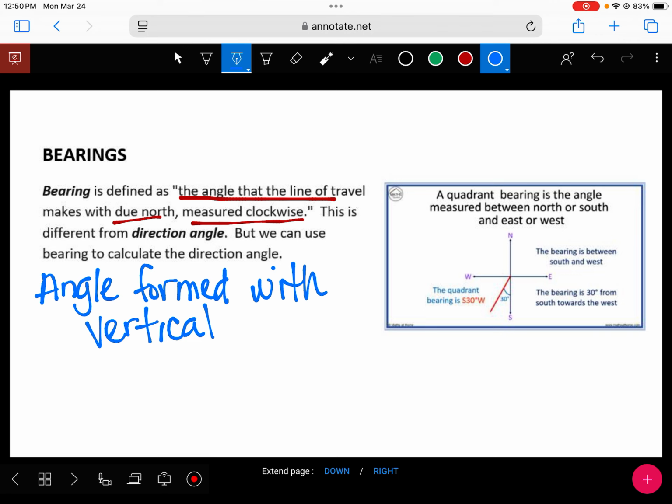So when we're talking about a bearing, it's always with a vertical. The other thing that makes a bearing different is that you have to include direction. And I'll show you an example of what I mean by that here shortly.